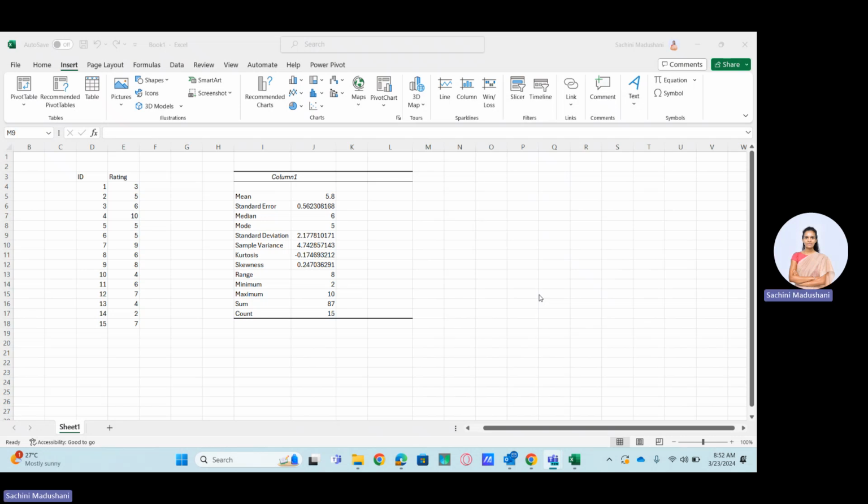Now remember, this is the way we can analyze descriptive statistics using our data set. Then the second lesson is the presentation of categorical variables, where we discuss different kinds of graphical methods. We identify our type of variable, then choose the appropriate graphical method to represent the data set.